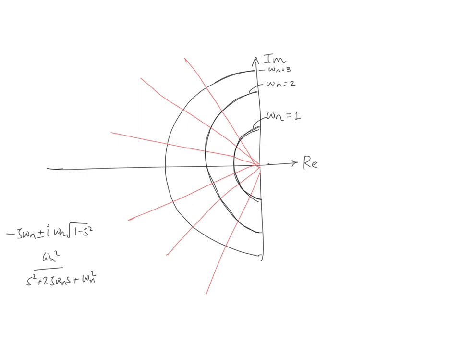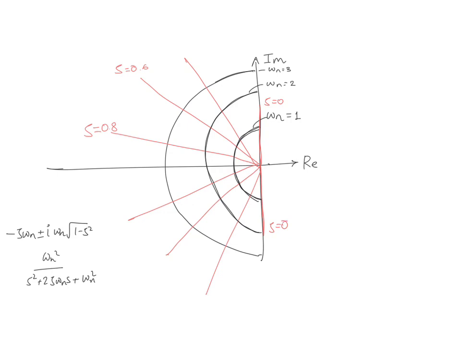Similarly, these red lines, each one of them is a locus of constant zeta. Let's say this one over here is zeta equals 0.8. This one is zeta equals 0.6, so decreasing as we go upwards this way. And this special line would be zeta equals 0.